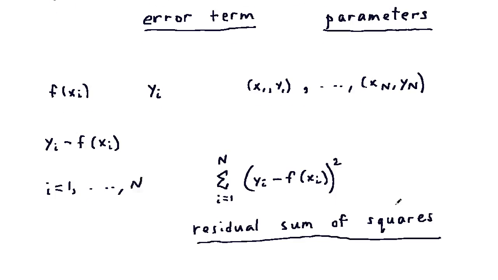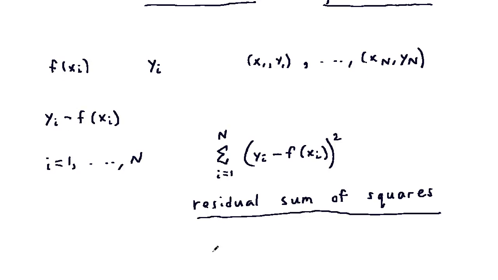Okay, and it's denoted RSS of beta, like this, where beta is the column vector of beta 0, beta 1 to beta p.